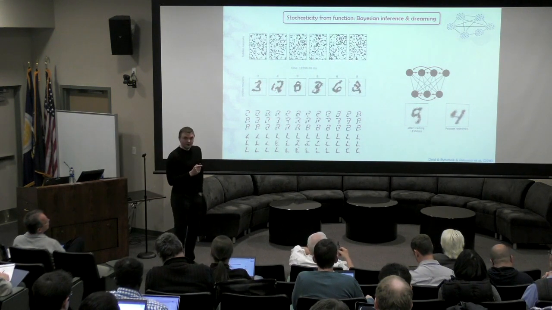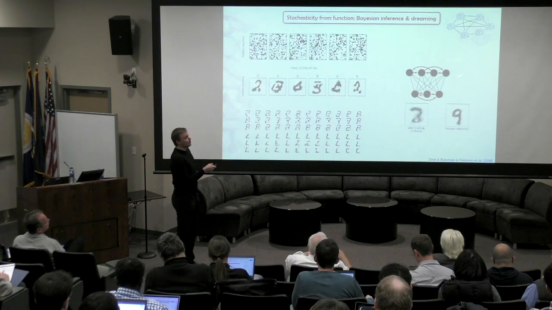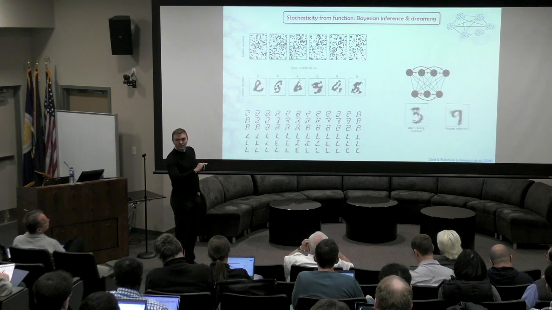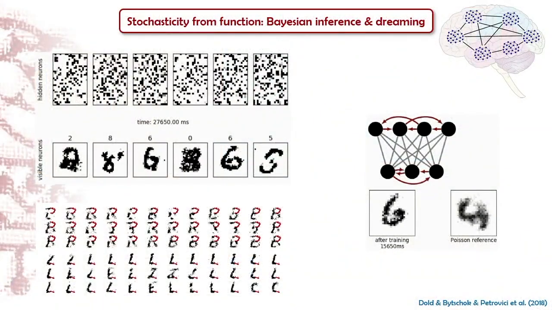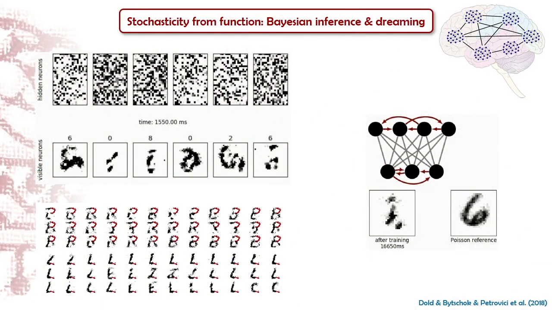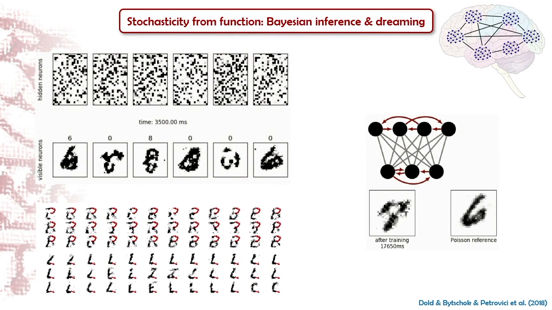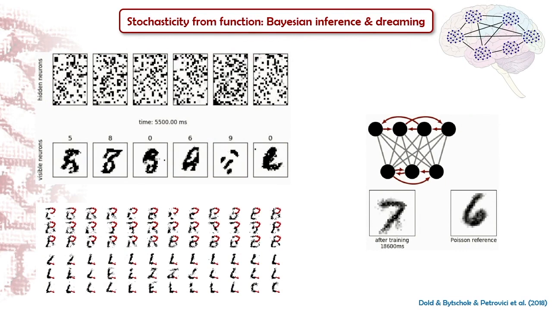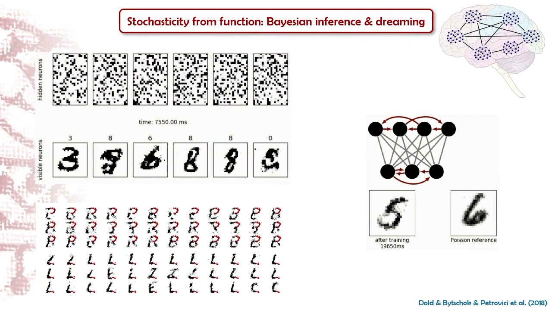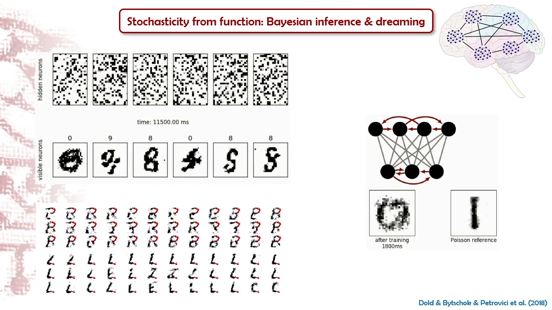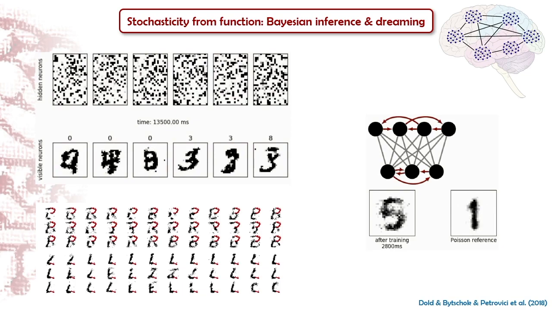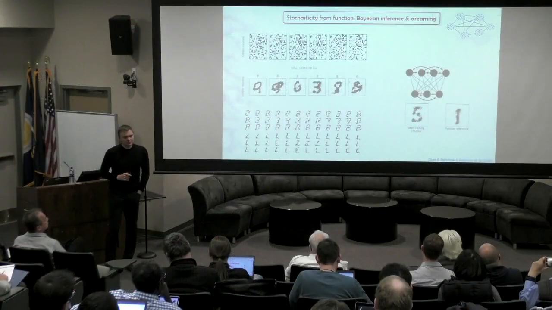They are restricted in the sense that there are no horizontal connections, so no within-layer connections. But by adding these connections, we can make a fully deterministic ensemble of spiking neurons dream nicely from the data set that it was learned. Again, this is a fully deterministic network of spiking neurons.